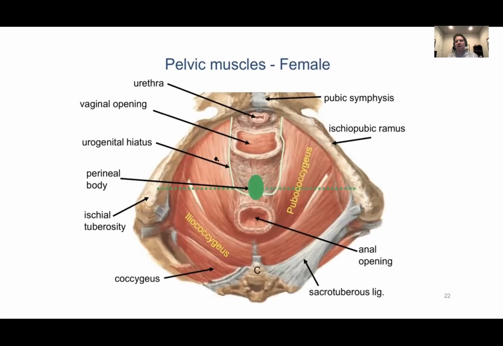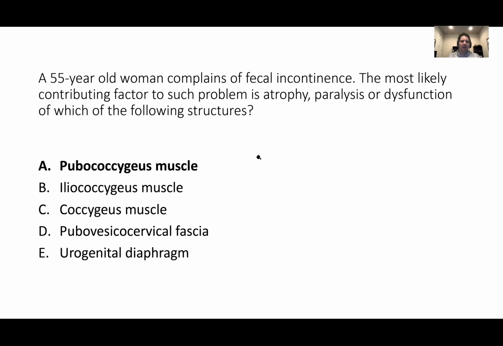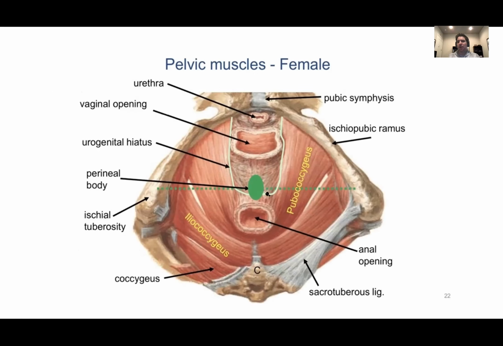So if there's some sort of injury to this muscle, it could lead to some sort of incontinence. Here, primarily fecal incontinence, but I imagine you can get some urinary incontinence as well with this. But in regards to what y'all are doing right now, I would primarily consider it fecal incontinence.